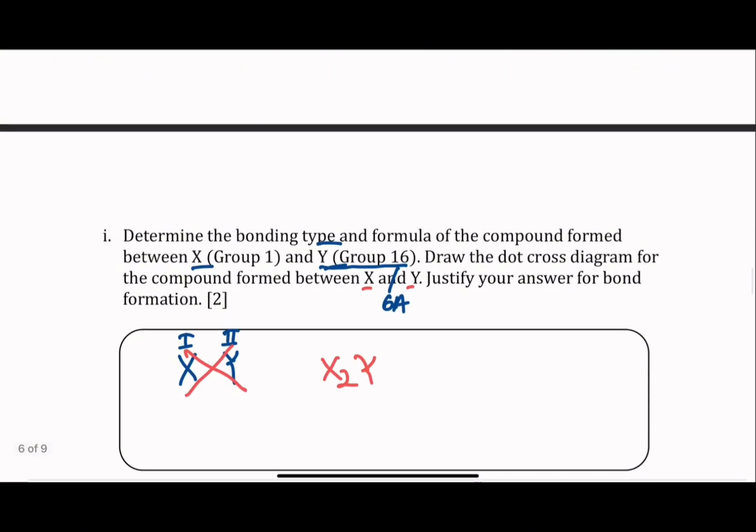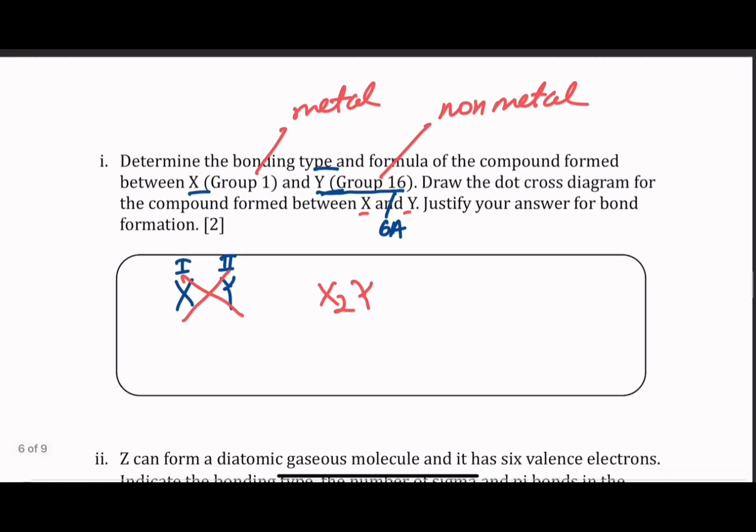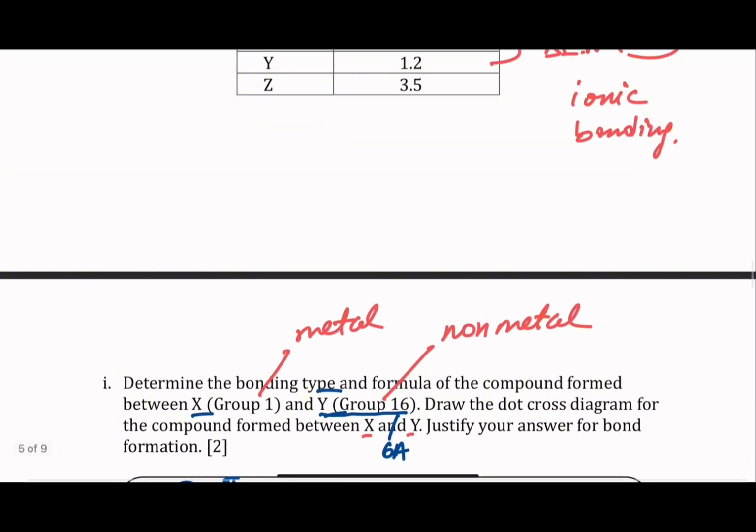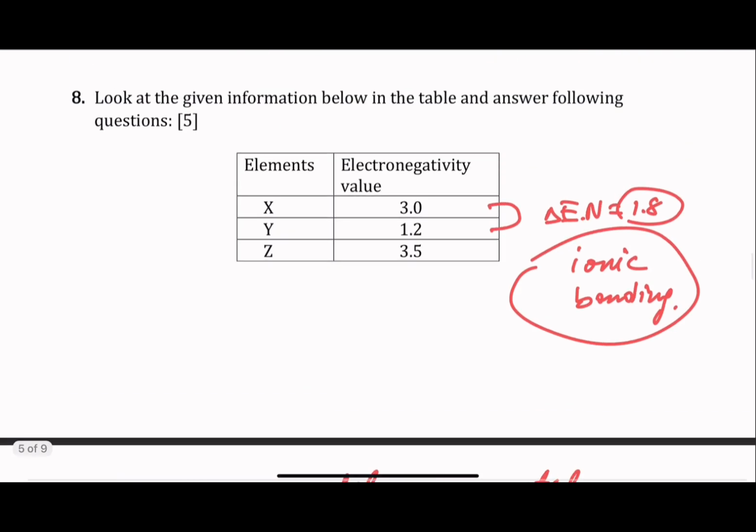Also, from the group numbers, you can see that X in here is a metal, and Y in here is a non-metal. Okay. We already justified the bonding by using electronegativity, so we got that.